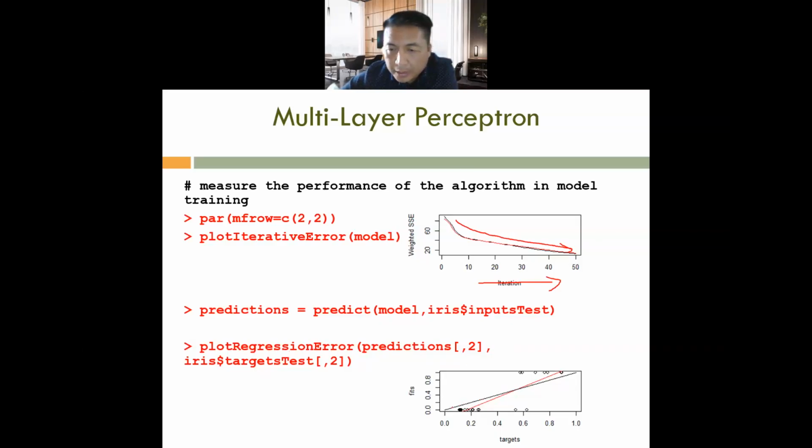So the black one is during the training, and this is the error one, the red one. So you can estimate the error that we have, how far they are not in correlation with each other.